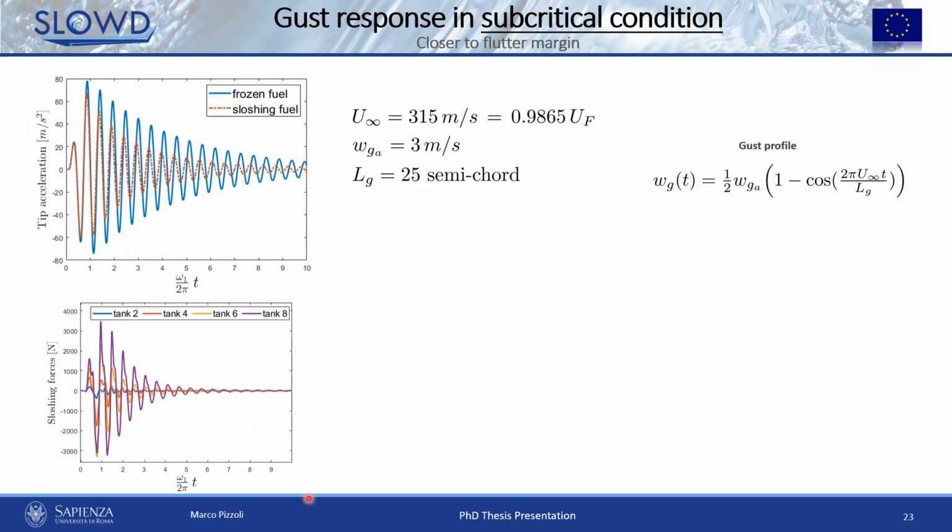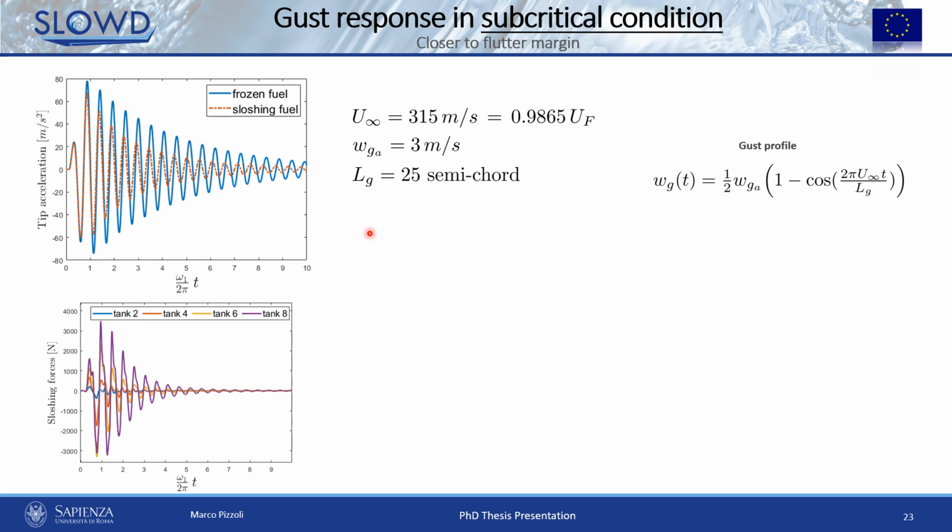In the second response analysis, the velocity is increased up to 315 meters per second, again under subcritical condition, but closer to the stability margin, so closer to the flutter speed.